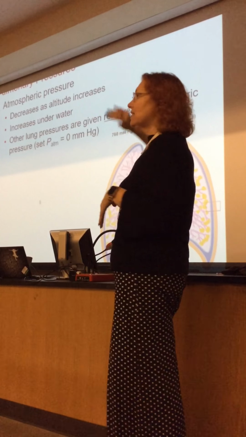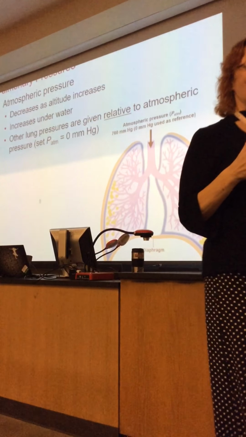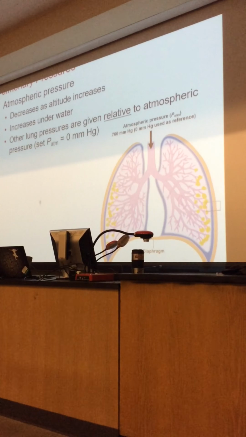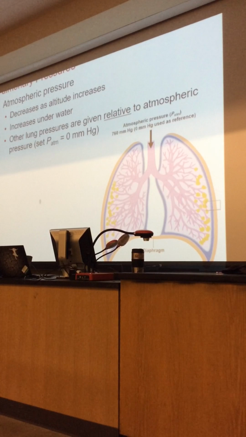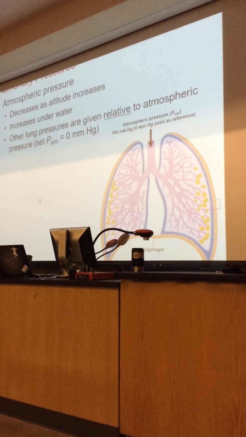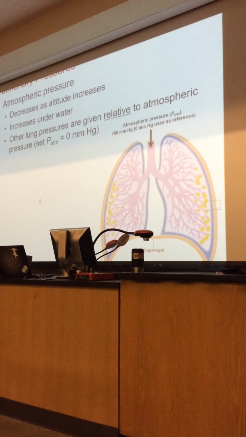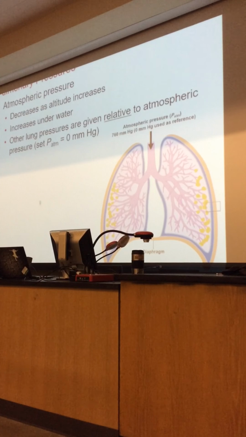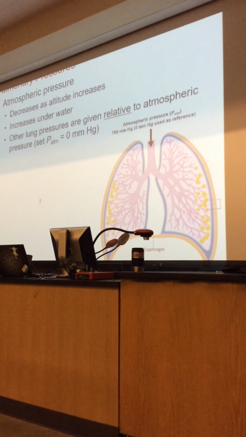So it increases underwater, and it should make sense that the pressure of the water is a bigger pressure than the pressure of the air, which is why divers have to be so careful, because going down 15 feet underwater is very different than walking upstairs 15 feet.